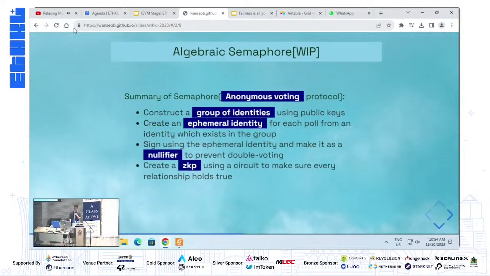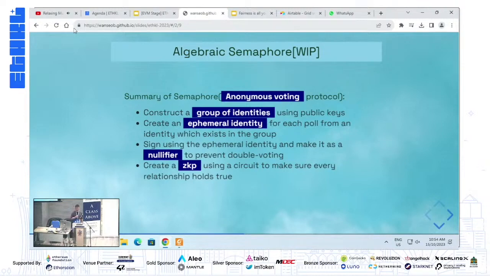The subsequent question is, okay, we could do the algebraic rate limiting nullifier, so maybe we can also implement an algebraic semaphore. And I think I also need to explain what semaphore is here. Semaphore is an anonymous voting protocol.